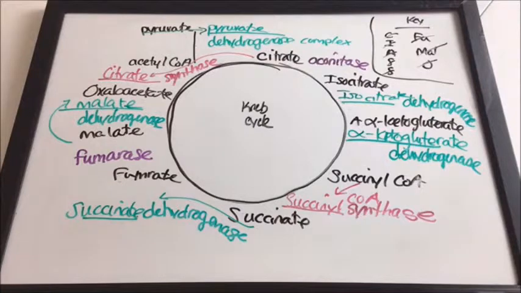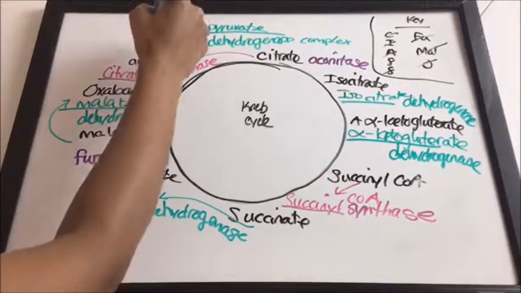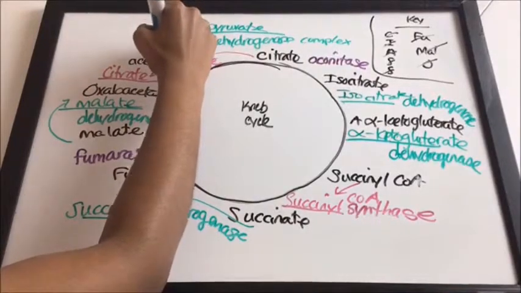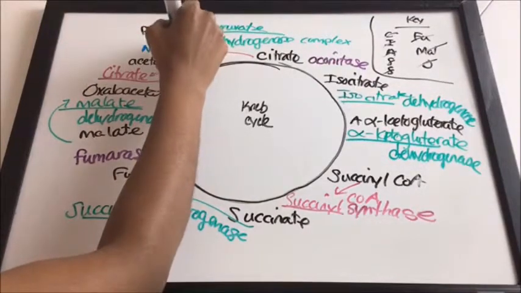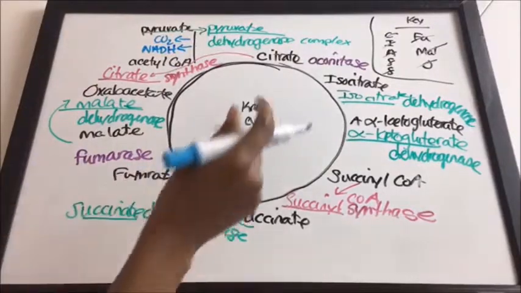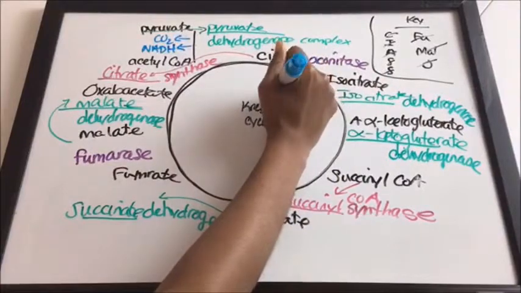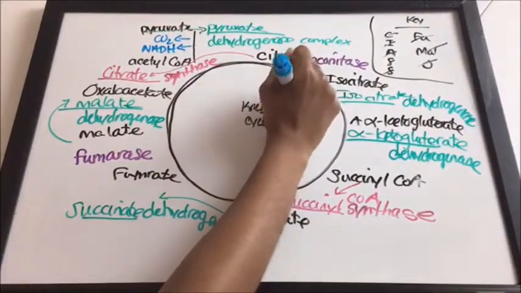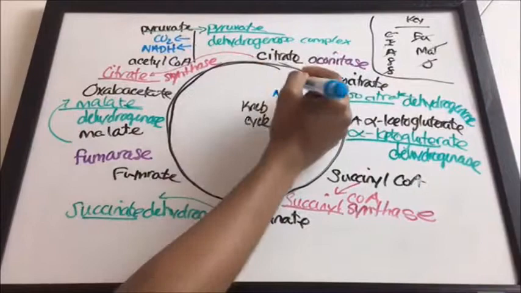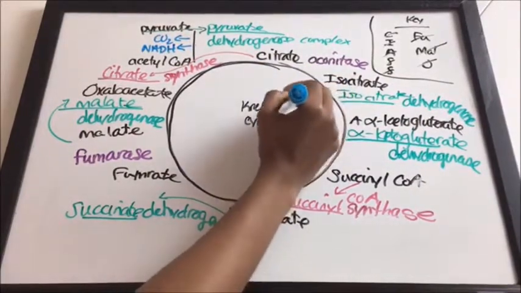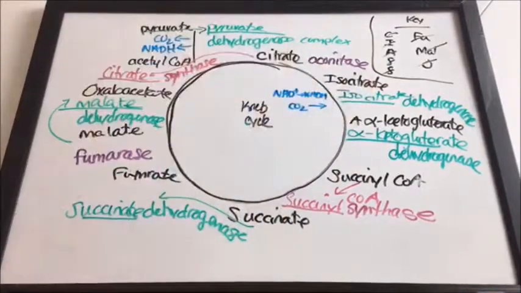All right, it's time to remember the reactions in the Krebs cycle. So between pyruvate and acetyl-CoA, we have carbon dioxide and NADH. Between isocitrate and alpha-ketoglutarate, we have NAD plus converting to NADH and carbon dioxide leaving the cycle.